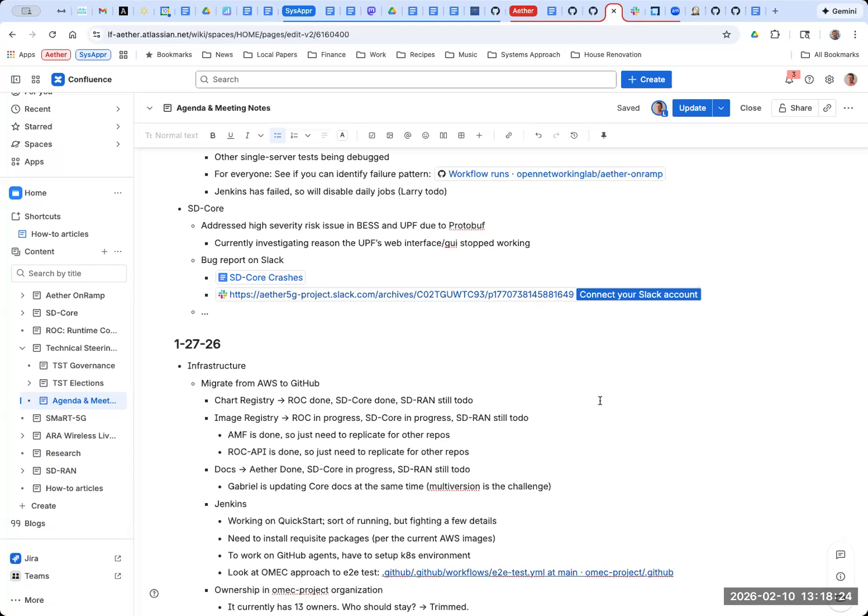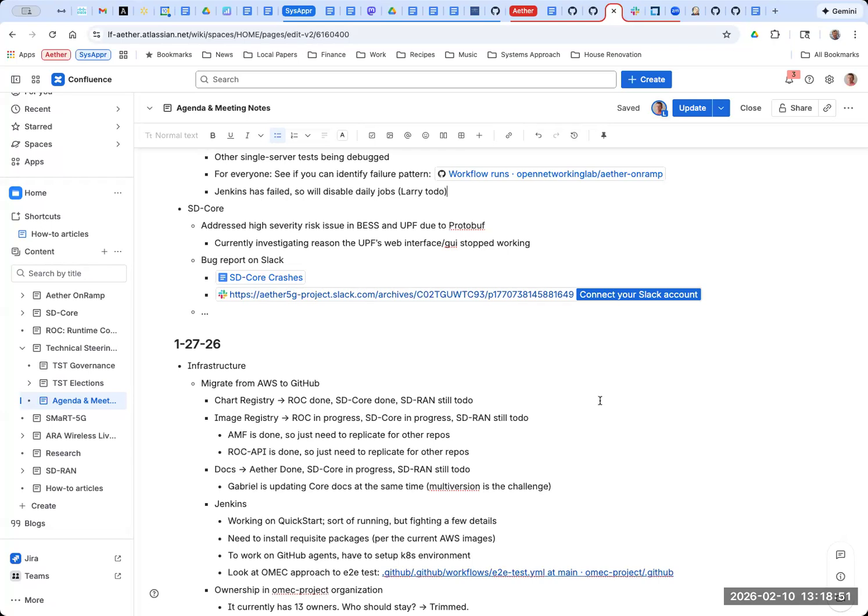Now all those 7 high severity risks that were reported through GitHub by Dependabot got addressed. But something I noticed yesterday is that, for some reason, the web GUI for the UPF that shows the pipeline stops working, and I'm currently debugging to understand what's going on.